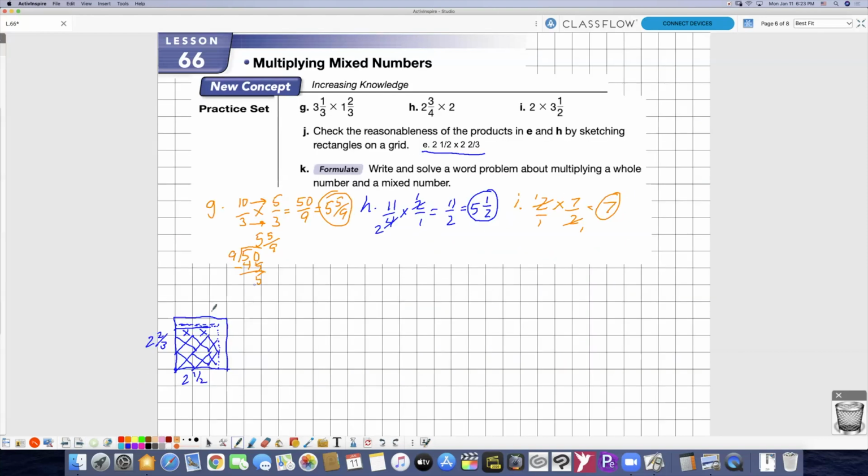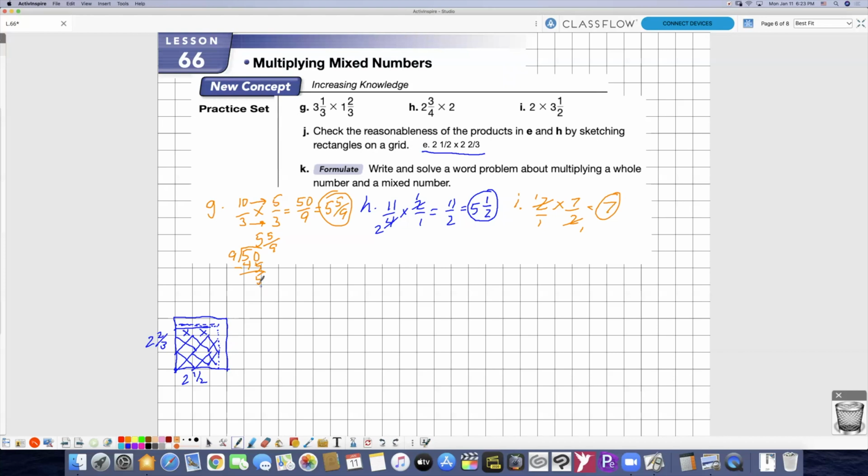You can see that it's almost 1/3, 2/3 right there. You got 1/4 there. It's just a little bit. So you can see it's very reasonable. So this was 1 whole, 2 wholes, 3 wholes, 4 wholes. These 2 count together as another one. So 5 wholes, 6 entire parts of the grid. You can see that it matches up. So that would be checking the reasonableness and sketching it on the grid.